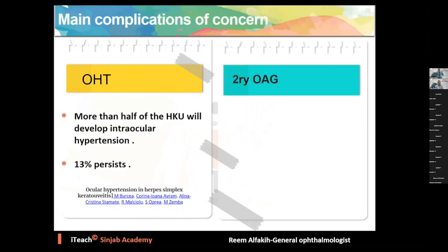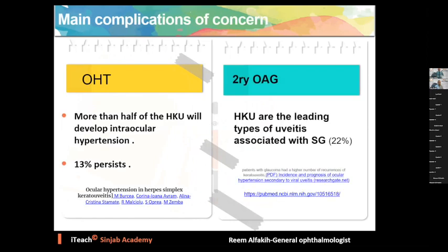The two complications of concern in my presentation are the persistent ocular hypertension, as more than half of the herpetic keratouveitis would develop an intraocular hypertension, with 13% of them that would persist, and a secondary open-angle glaucoma, which herpetic keratouveitis is mostly the leading type of uveitis that's associated with it.